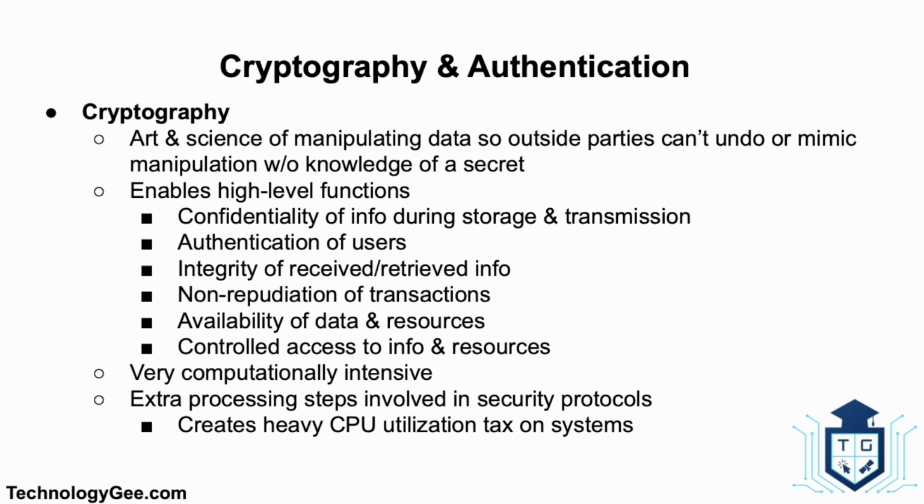While there are many benefits in terms of security offered by cryptography, there is a downside. Cryptography is very computationally intensive, and the extra processing steps involved in security protocols can create a heavy CPU utilization tax on systems that use cryptographic security frequently.